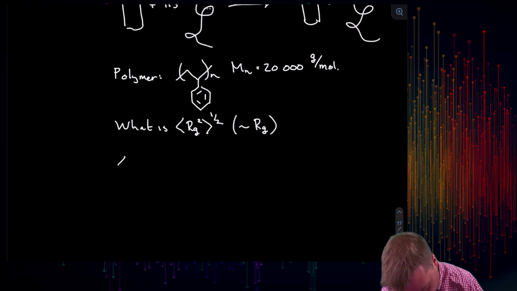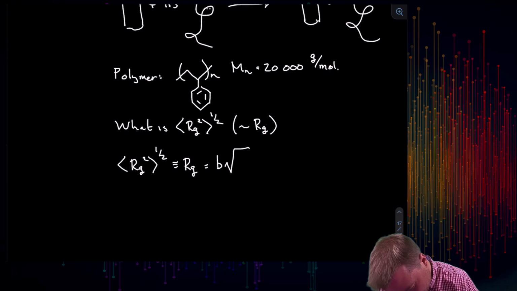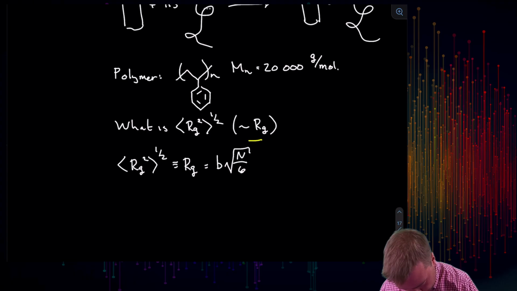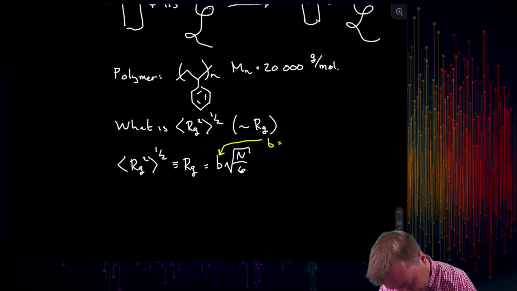Well, this is a linear polymer. So Rg is B times the square root of N divided by 6. Okay, I already told you that for styrene, this is something that we can look up, and B is 7 angstroms.